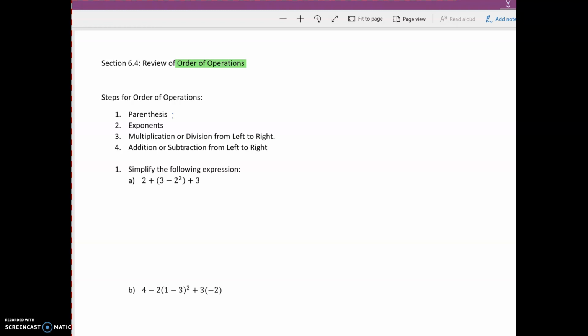Now, when they're referring to parentheses here, you're looking at the following. You're talking about the regular parentheses. They could be talking about brackets, absolute values. Whoops, these are supposed to be absolute values.